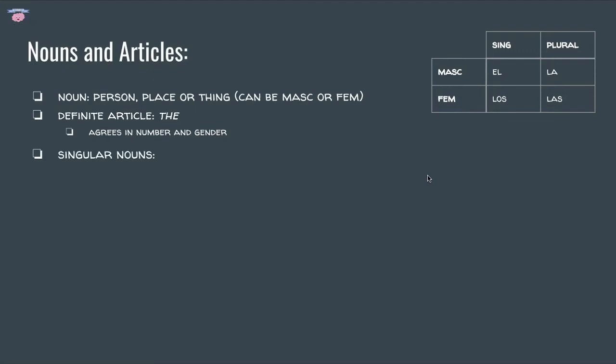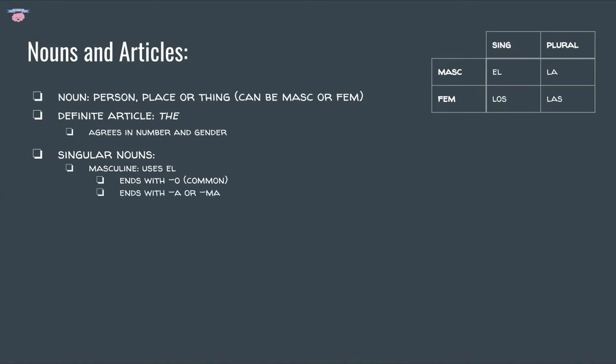So singular nouns, masculine uses el, like I said, and most of the masculine nouns end with O. For example, el mundo means the world, and that's masculine.